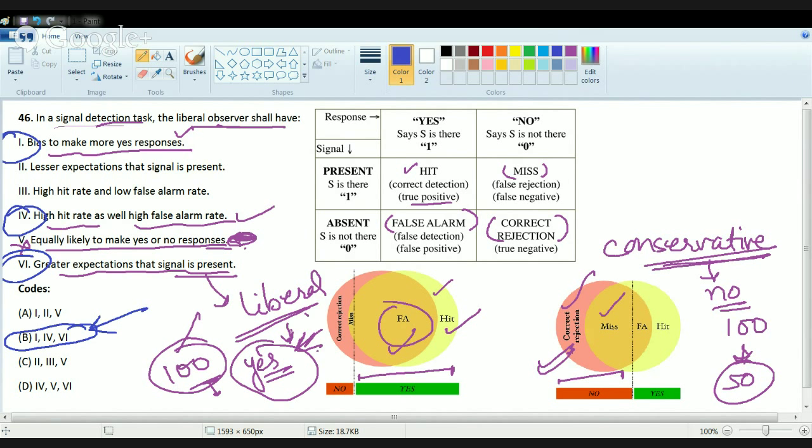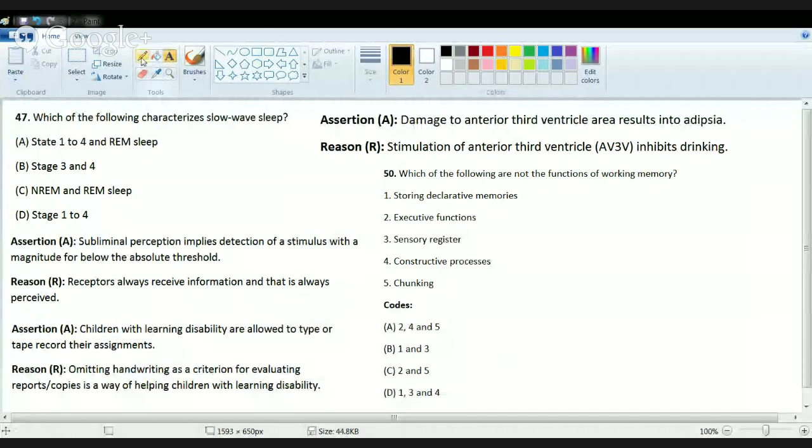Now let's move on to the next set of questions. The next set of questions has a lot of assertion reason questions. The first question is, which of the following characterizes slow wave sleep? Stage 3 and 4 were reclassified as N3 sleep in 2007, and this is the deepest phase of sleep.